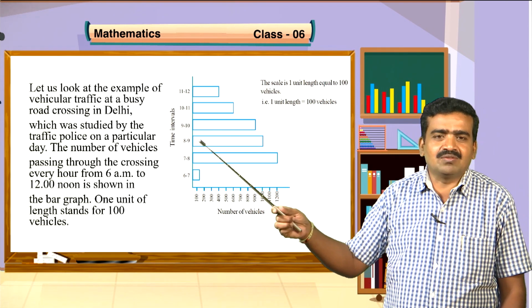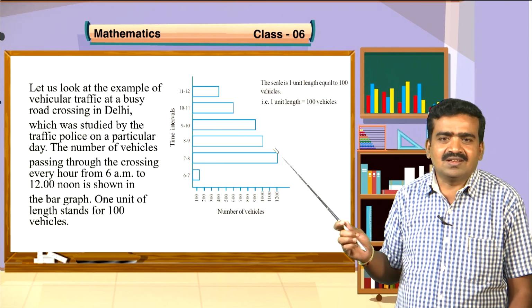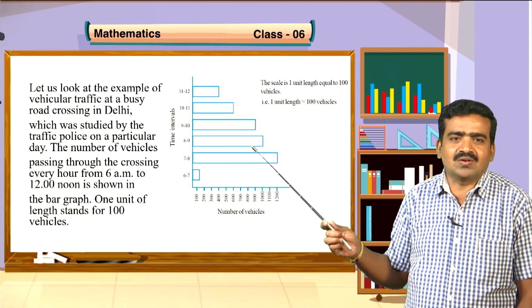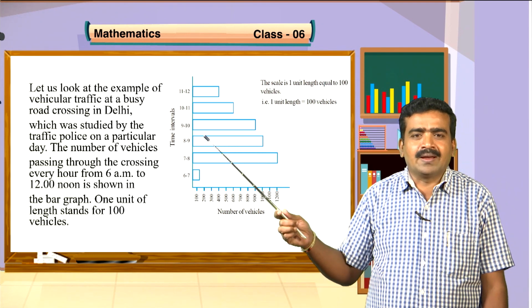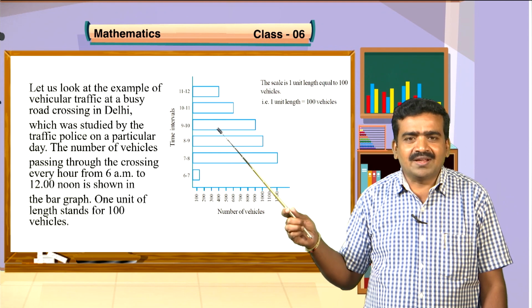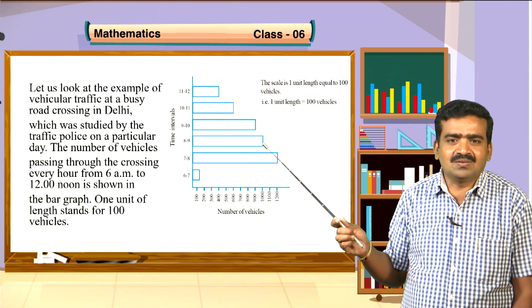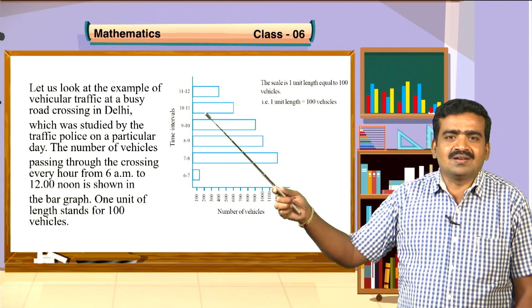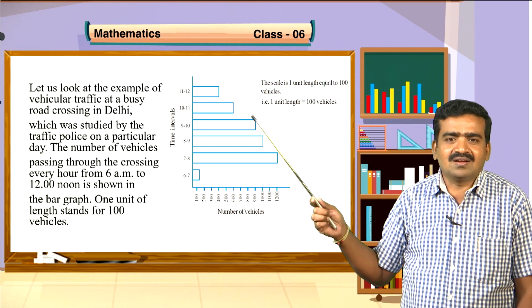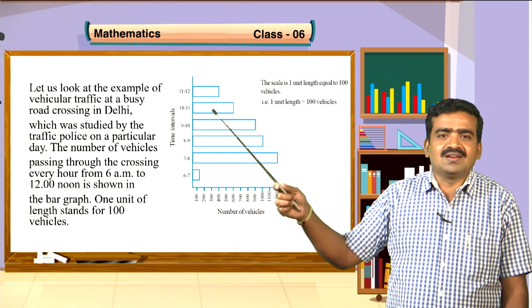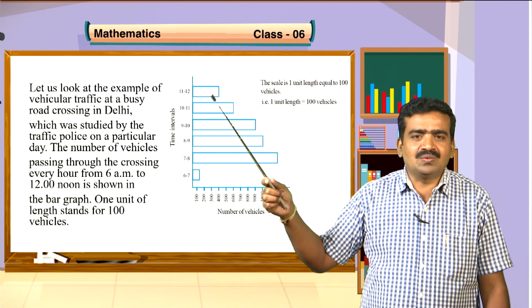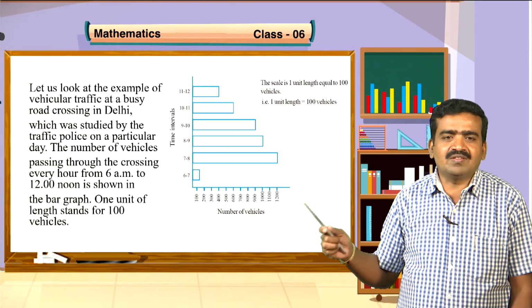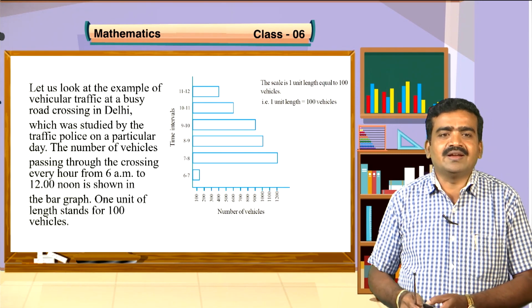From 8 to 9 o'clock nearly 1000 vehicles are identified. From 9 am to 10 am, nearly 1000 again, from 10 am to 11 am nearly 900, and from 11 am to 12 noon nearly 500 vehicles are identified.